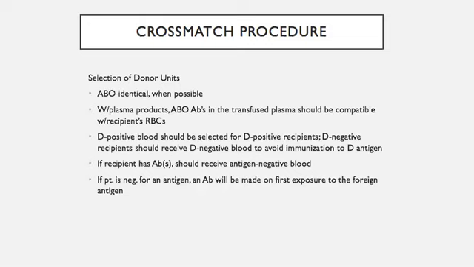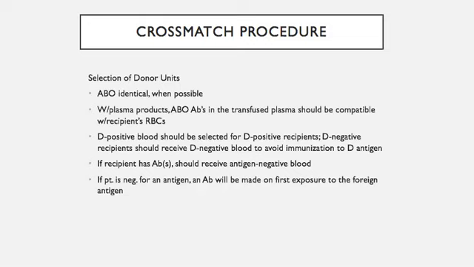Okay. So selection of donor units. It should be ABO identical when possible. That's not always possible. With blood plasma products, ABO antibodies in the transfused plasma should be compatible with the recipient's red cells.